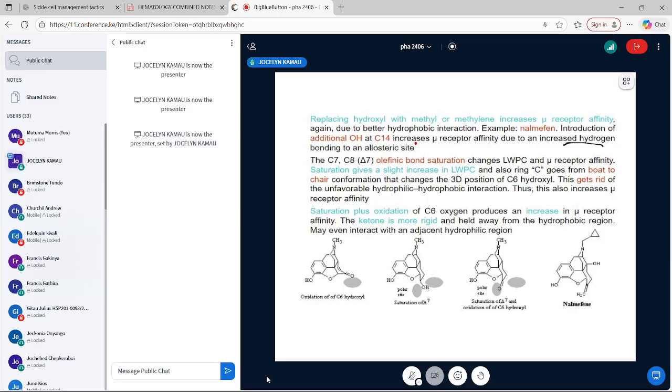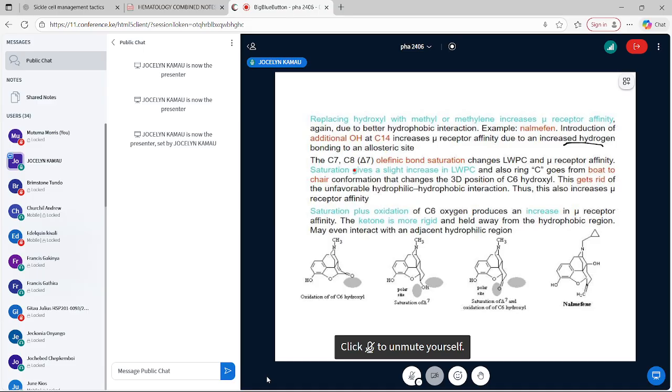So it can interact with the receptor site within the receptor, and therefore bind this molecule more strongly. And when the molecule is bound, it gives the molecule higher affinity. It binds more strongly, and therefore that improves on its potency.